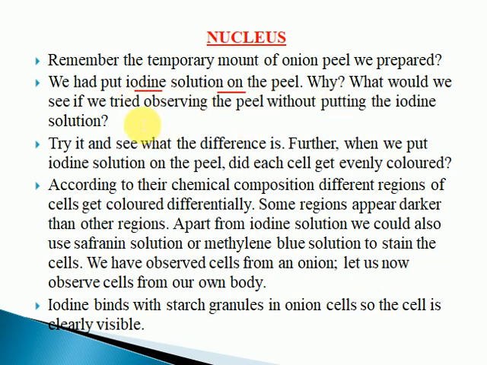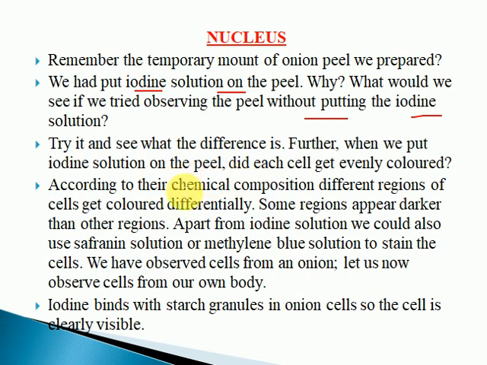See, we put the iodine solution so that the contents of the cell, the nucleus, are easily visible. If we don't put the iodine solution, then the contents of the cell will not be clearly visible. Try it and see what the difference is.